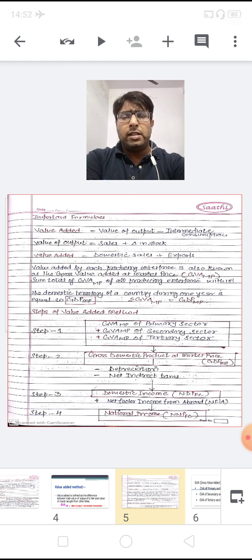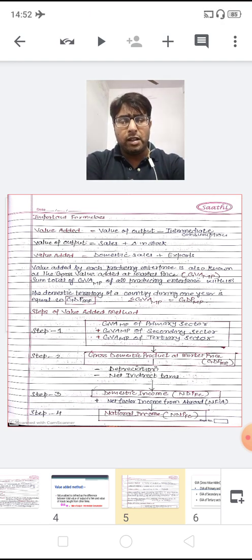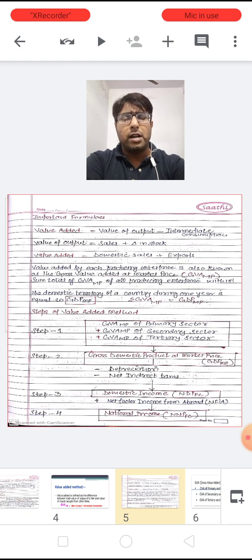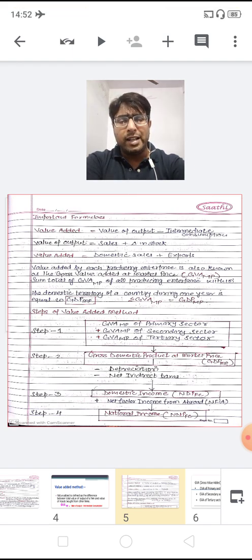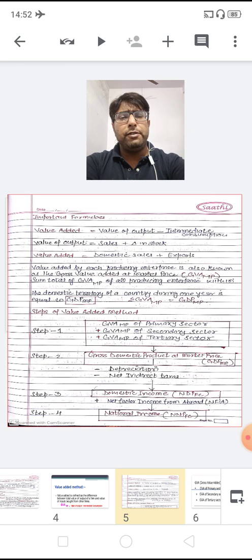Children, at the very starting, when I was explaining the sectors in the producing units, I explained that there are three different sectors in the process of production. The first is the primary sector, then the secondary sector, and third is the tertiary sector. Now when we summarize the value added by each and every sector, we get the value of GVAMP.